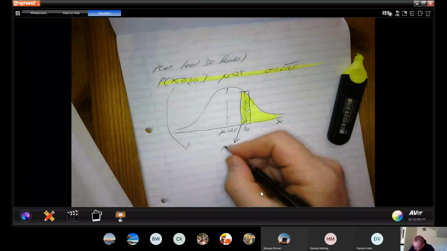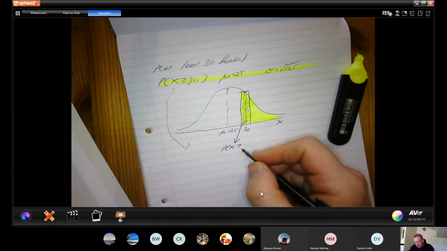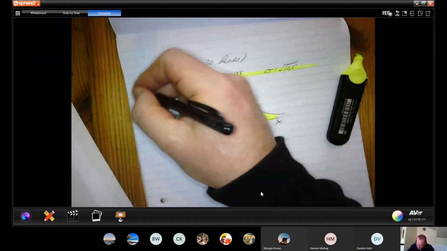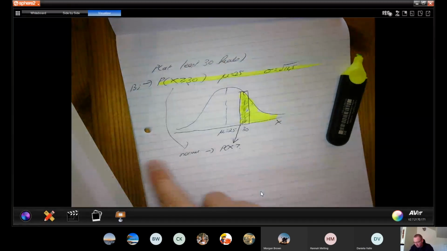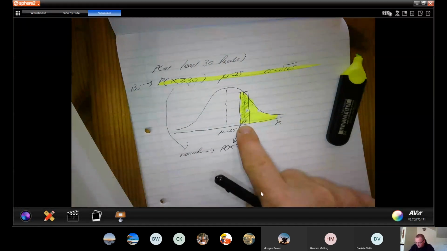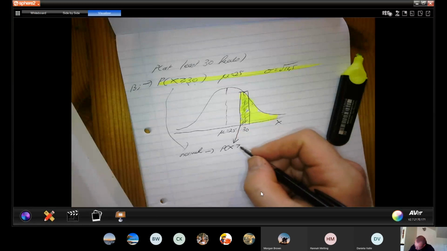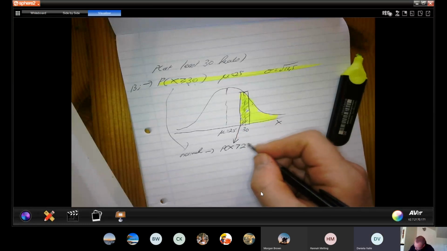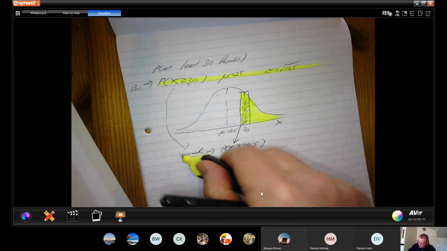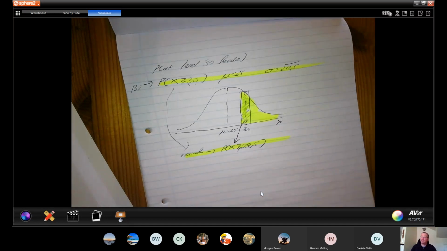The probability that x is greater than, now in the normal parameter, including the continuity correction, 29.5. It doesn't matter if you put greater than or equal to, because now I'm in normal language, and the probability that x is 29.5 in normal language is 0.